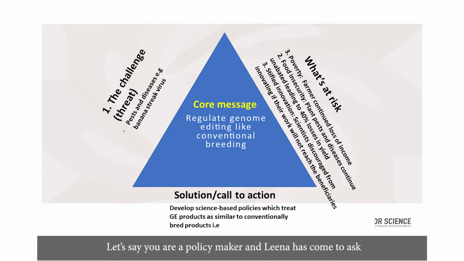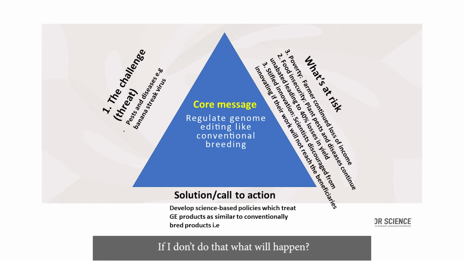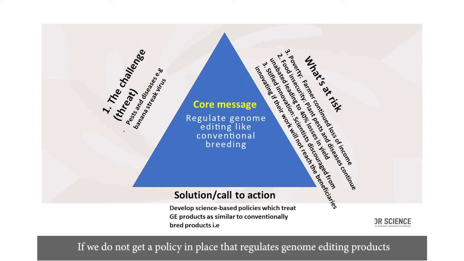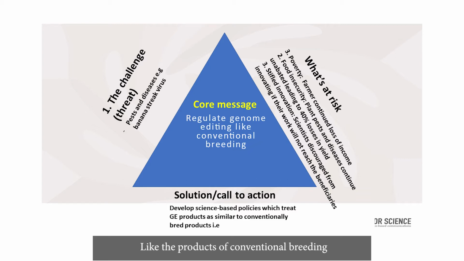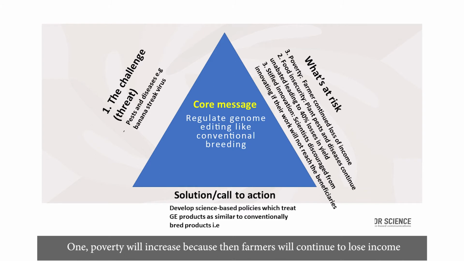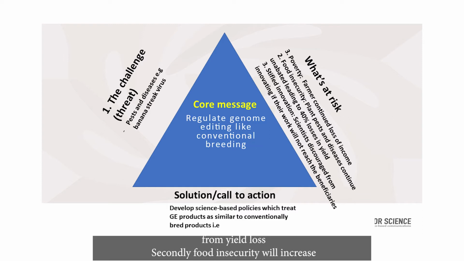So what is at risk? Let's say you're a policy maker and Lina has come to ask that you regulate the products of gene editing as conventional breeding, and you're asking her, if I don't do that, what will happen? Then she can tell you what is at risk. If we do not get a policy in place that regulates genome editing products like the products of conventional breeding, one, poverty will increase because then farmers will continue to lose income from yield loss.